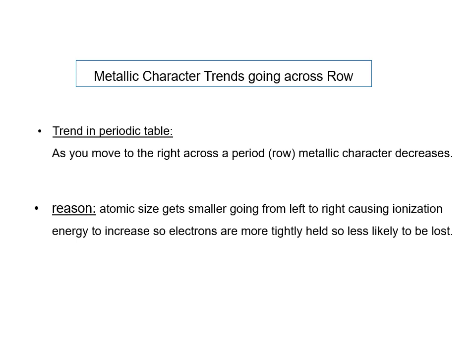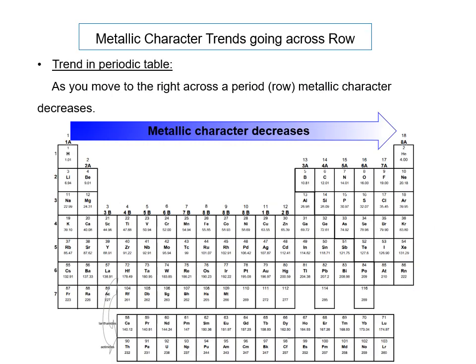So electrons are less likely to be lost in a chemical reaction. So because ionization energy goes up, metallic character goes down, because as ionization energy goes up, those elements are less likely to lose an electron. Right? So notice that metallic character decreases as ionization energy increases.